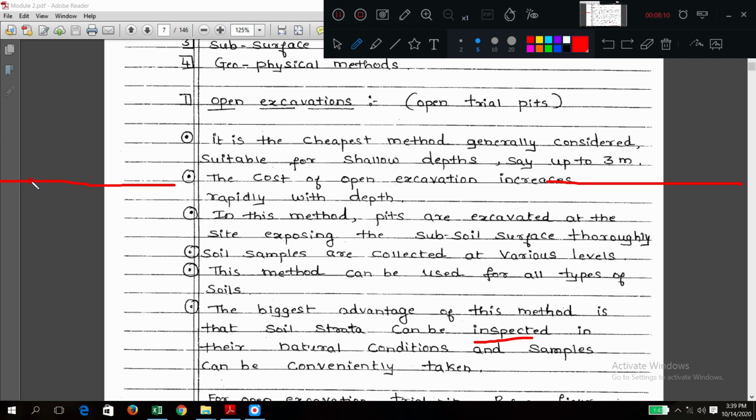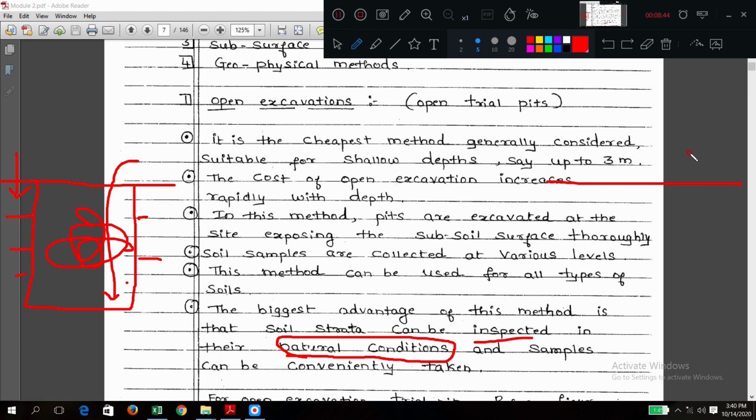You excavate, come here and inspect this soil. Whether it is disturbed? No, it is appearing in natural condition. Here this soil is disturbed and taken out, but this portion and this portion are not at all disturbed. So here soil strata can be inspected in the natural condition.